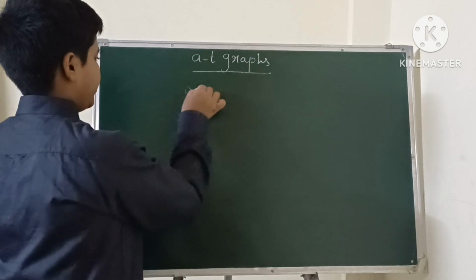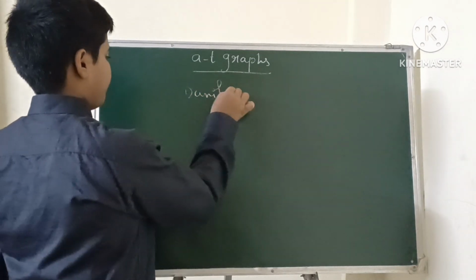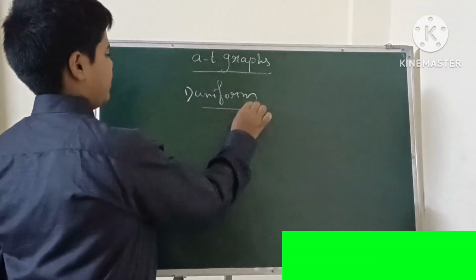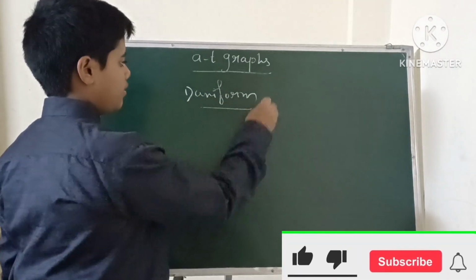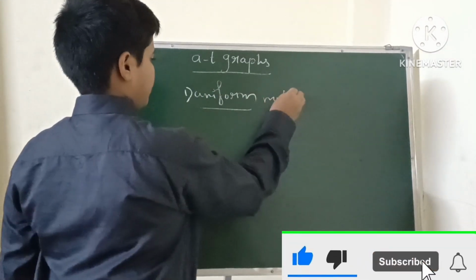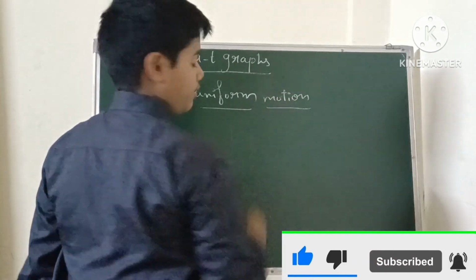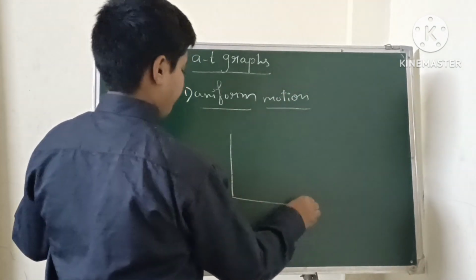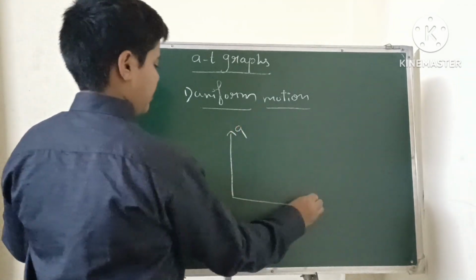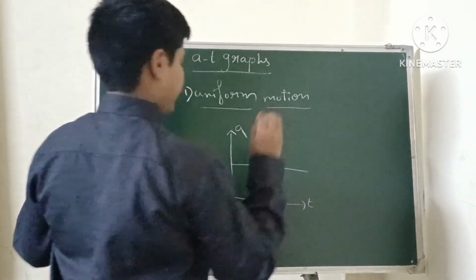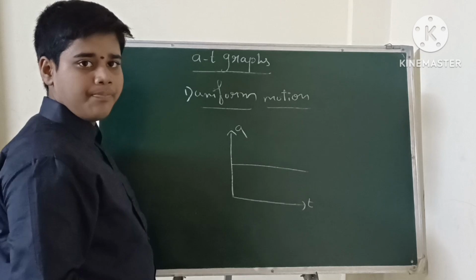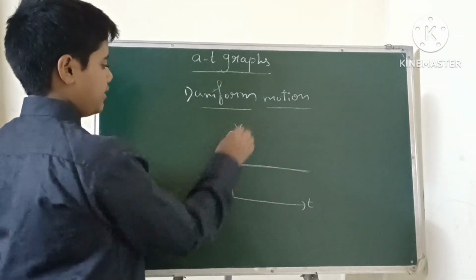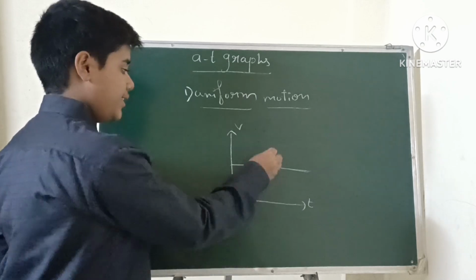If we see here, the uniform motion means like this. Here I am taking A and this is T. Like this it will be there. Uniform motion. Okay. We have to draw like this. If they give like this, this is V and T, this means rest.